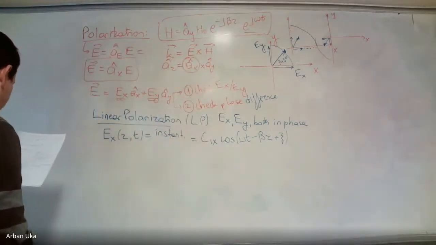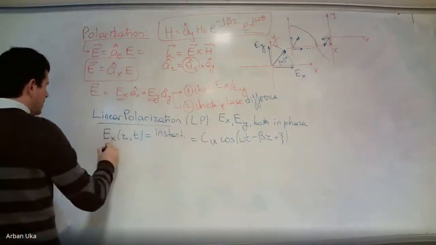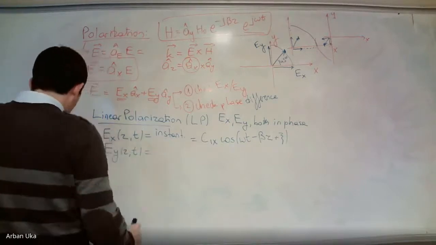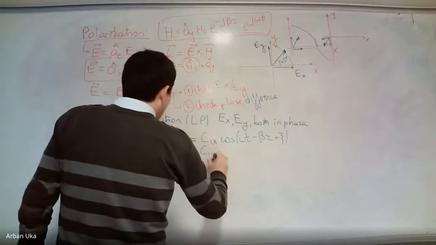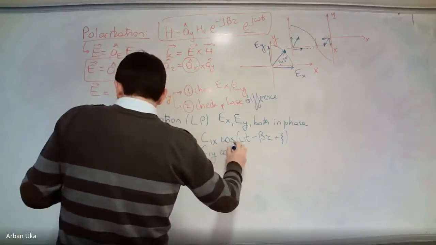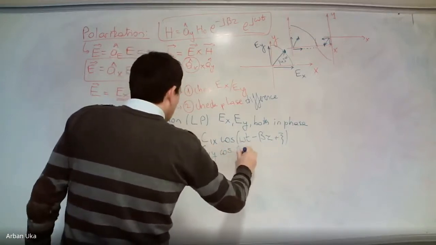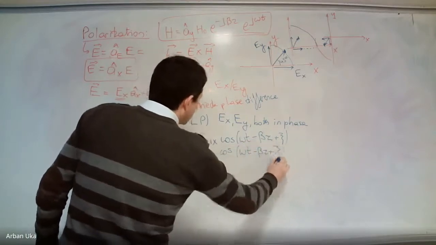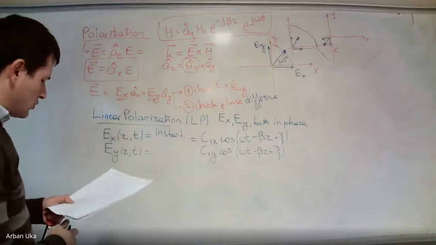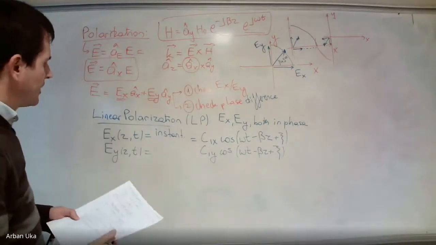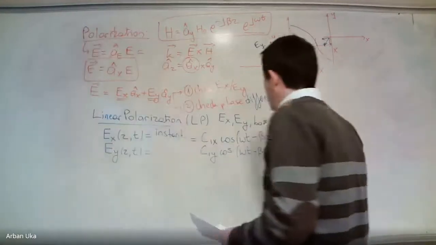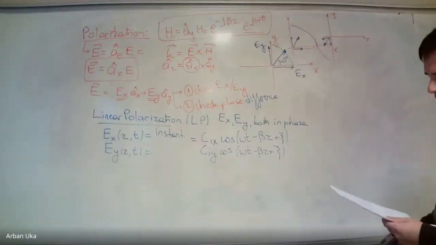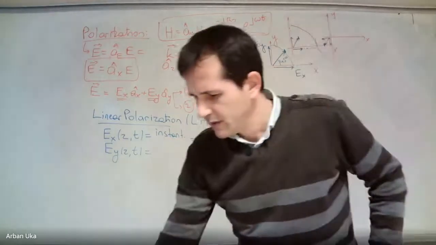So this would be Ex, and Ey as a function of z and time would be equal to C1y times cosine of omega t minus beta z plus the Greek sigma. So if we look at these two components, they are both in phase, and if they are in phase, this makes them linear polarization. Now, this is LP.